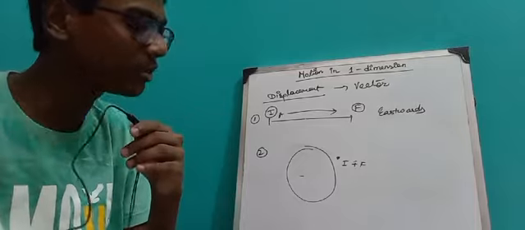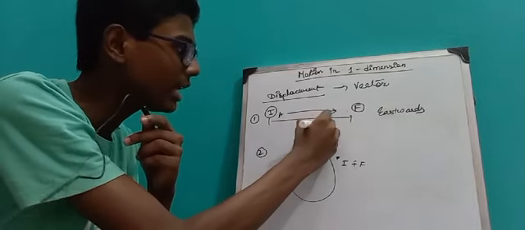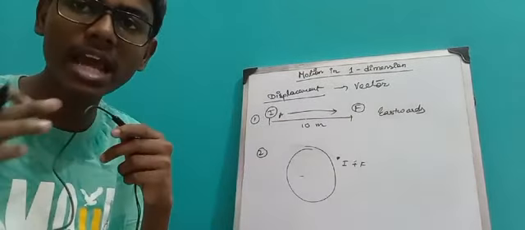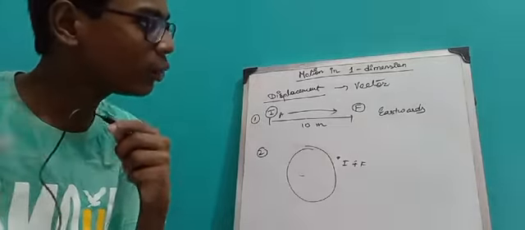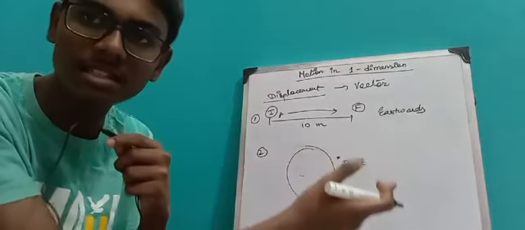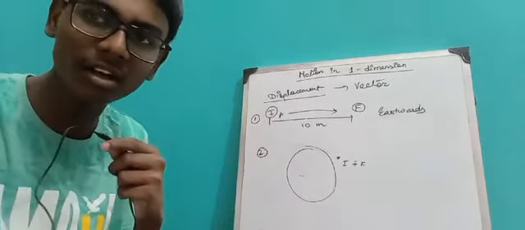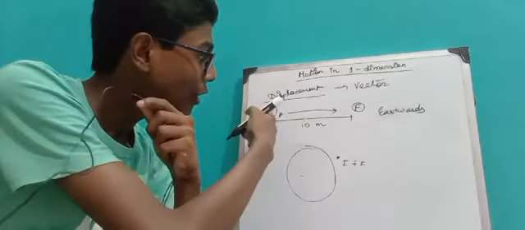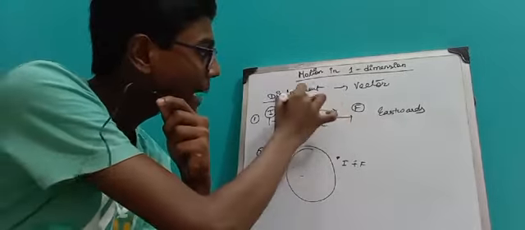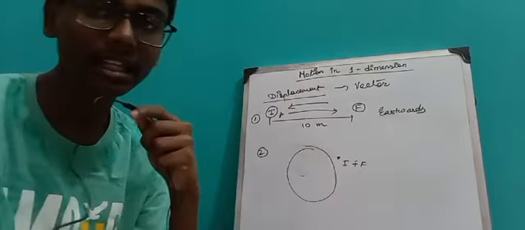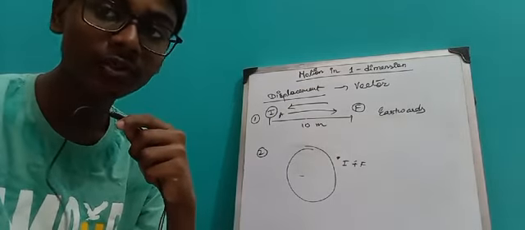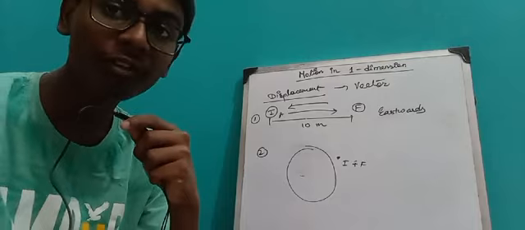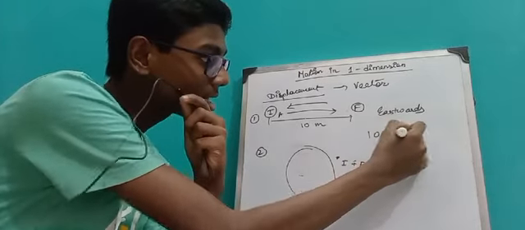Now, suppose, let's take the same measurement, if the length of the road or the track is 10 meter, then we will say, 10 meter due east is the displacement of the body. Now, suppose from point F it comes back to point I, then in this case we will not do 10 plus 10. We will do 10 minus 10.